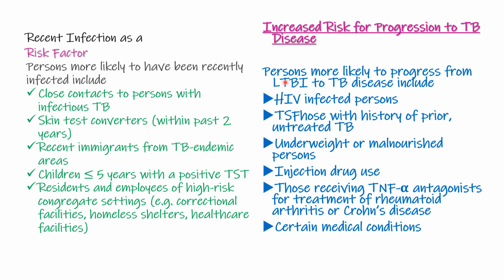Persons likely to progress from latent TB to TB disease include HIV-infected persons, people who are TST positive with a prior history of untreated TB, underweight or malnourished people, obviously the immune system is compromised there, IV injection drug users, and people on immunosuppressive drugs such as TNF alpha antagonists, which are used to treat rheumatoid arthritis, among other diseases, and certain medical conditions. As you all know, when a person is diseased, the immune system is compromised.